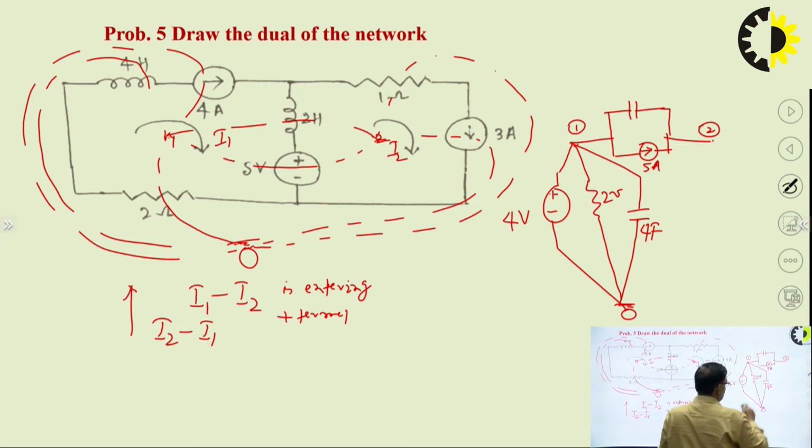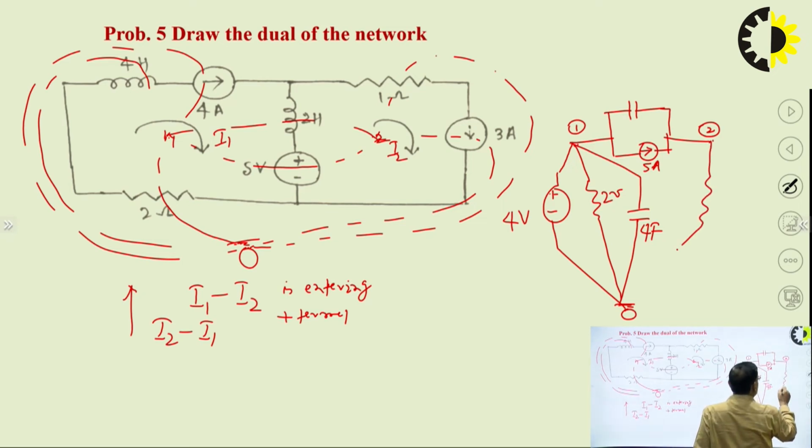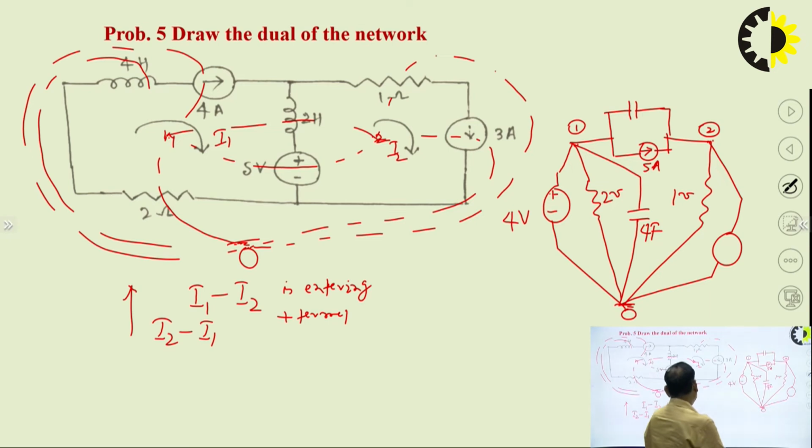So this way, now the remaining we can draw here. Here we have the 1 ohm resistor, so it is 1 mho, 1 mho, then 3 ampere. Look at the 3 ampere.